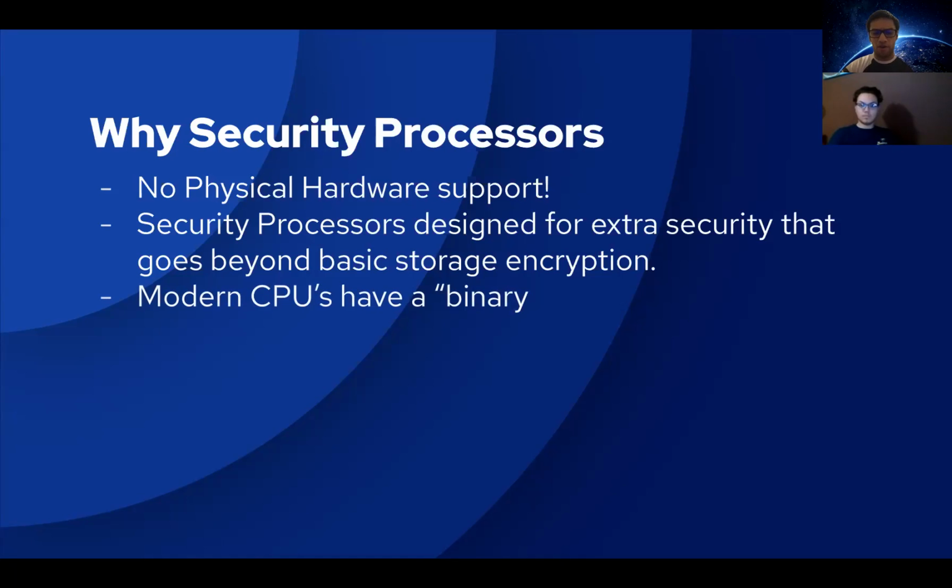Also, many modern CPUs have a binary privilege escalation. When you run a program, there's a binary choice of whether that program has privilege escalation to access your hardware or not. It's either one or zero.